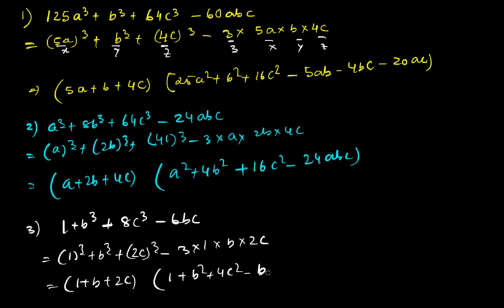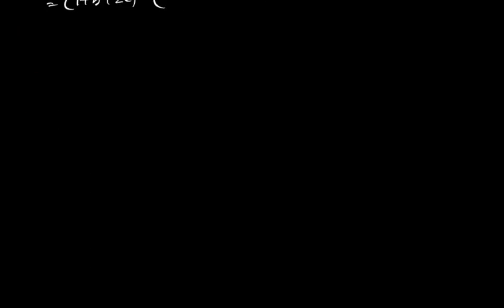So minus ab, minus bc, minus ca. Okay, obviously, I have done this 24abc wrong, so I must rectify that. This will become minus 2ab, minus bc, so 8bc, minus 4ac. Okay, so that's the question number 3.